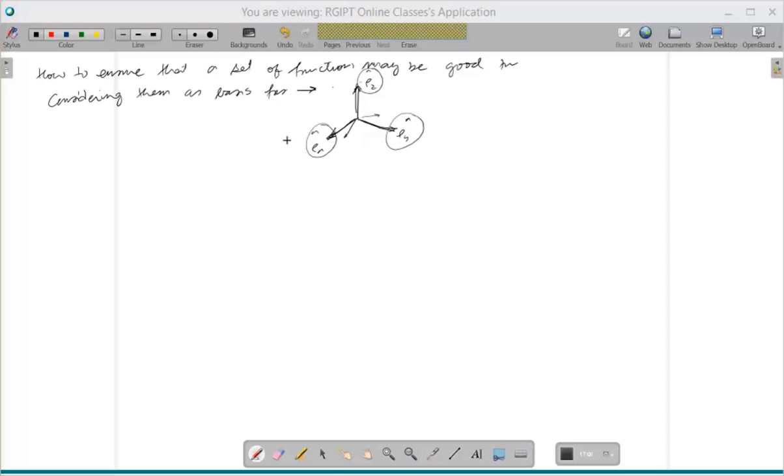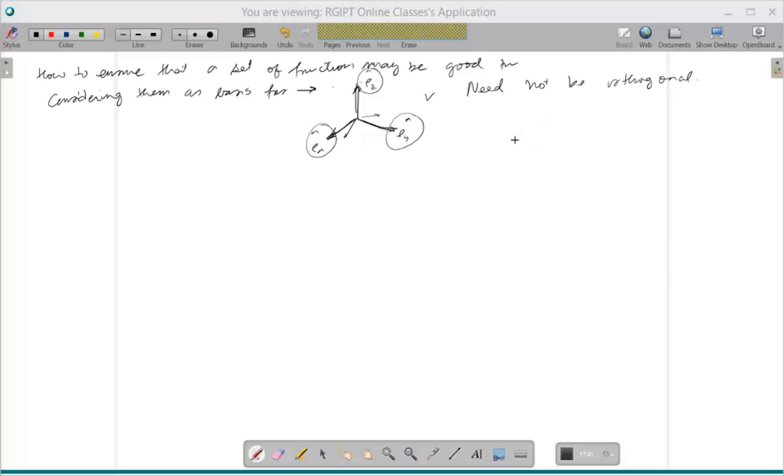Okay, so that is the idea. Remember, basis vectors need not be orthogonal.